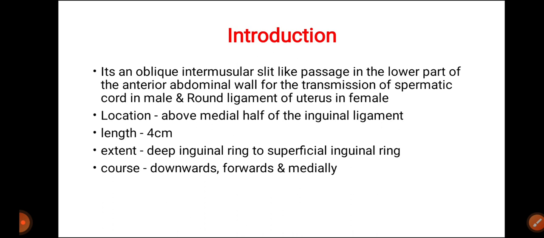Above the medial half of the inguinal ligament. What is its length? It is 4 centimeters in length. And where does it extend? It extends from the deep inguinal ring to the superficial inguinal ring. And its course is downward, forwards and medially.